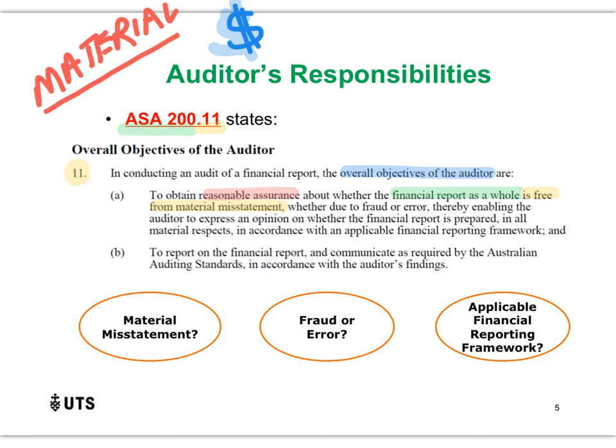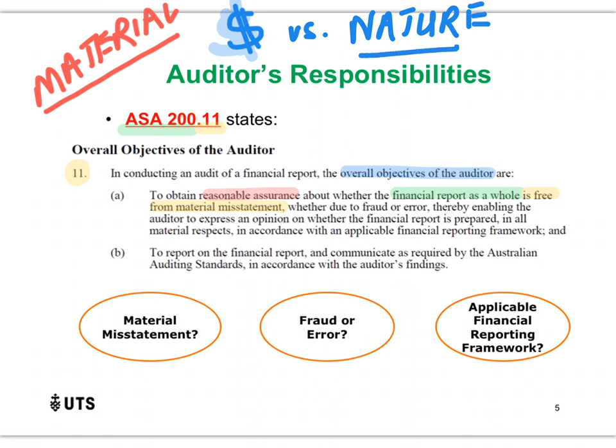But you need to also know that information can be deemed to be material, or misstatement can be deemed to be material because of its nature. Okay, so something can be deemed to be significant based off its nature as well. Now, what do I mean by that? Let me give you an example. Fraud.